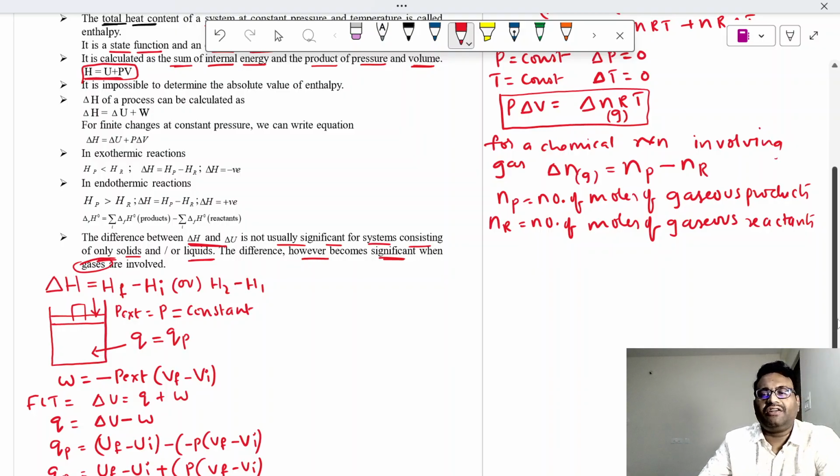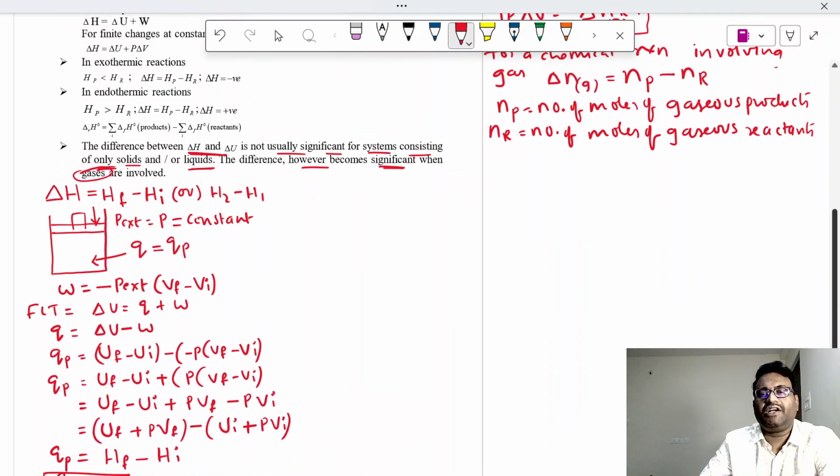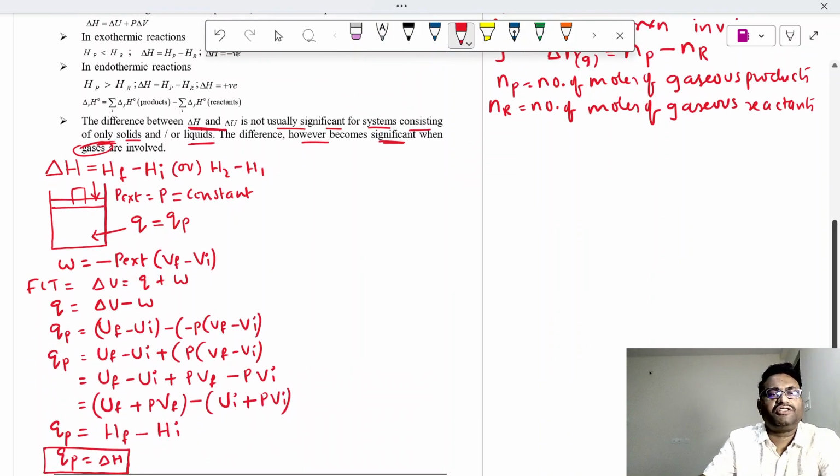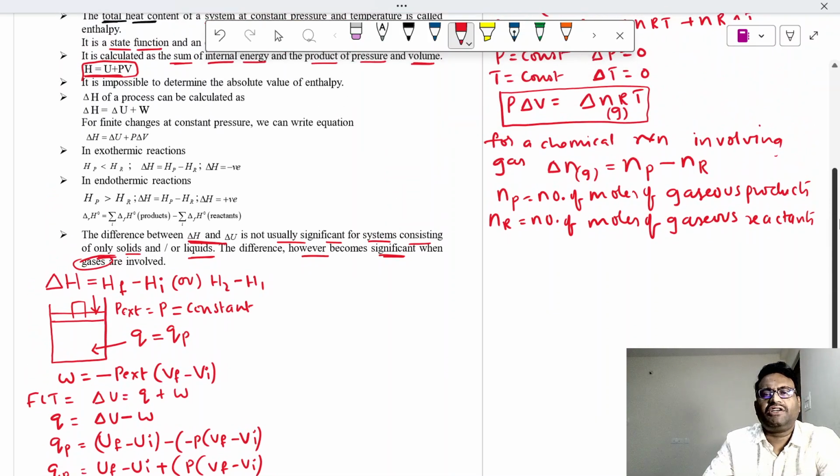If we can calculate delta Ng, then it is easy to find the relation between delta H and delta U, right?